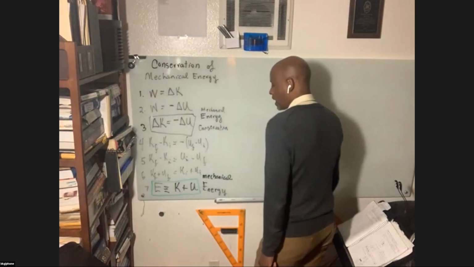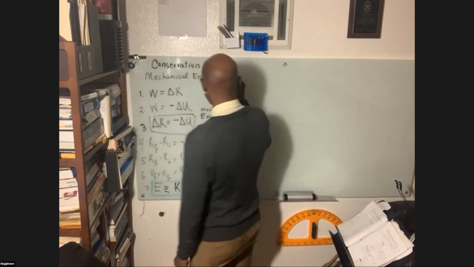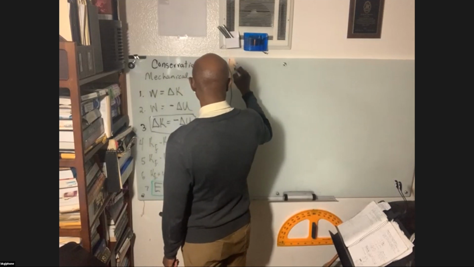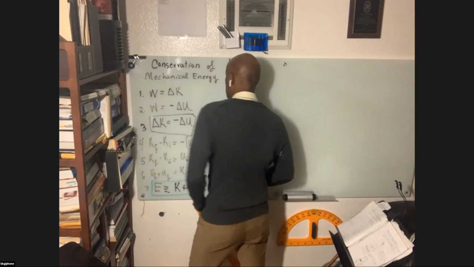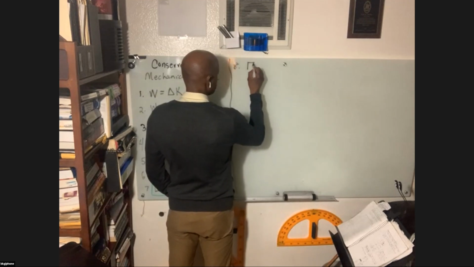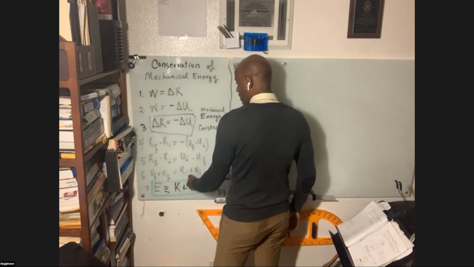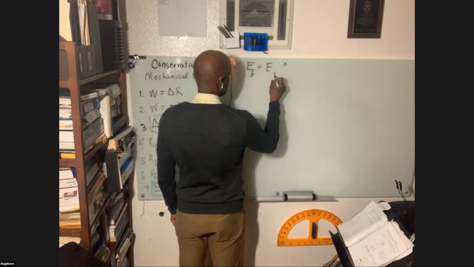Now, I'm going to substitute equation 7 into equation 6 and write it a little bit differently. Now that I have the mechanical energy there, you can see that the left side is K plus U final. So that would be final kinetic energy equals Ki plus Ui. So that's initial kinetic energy.